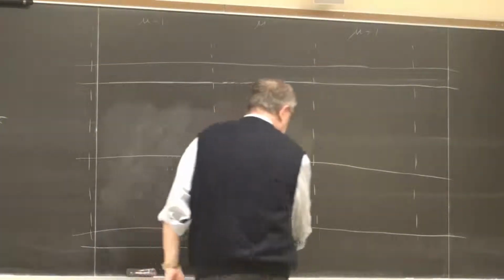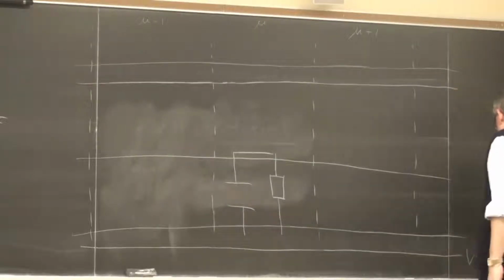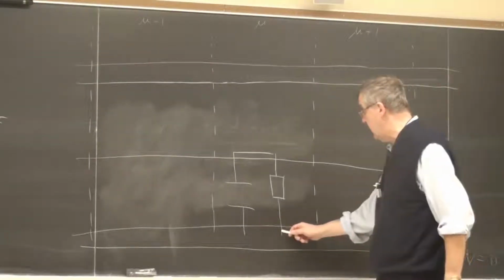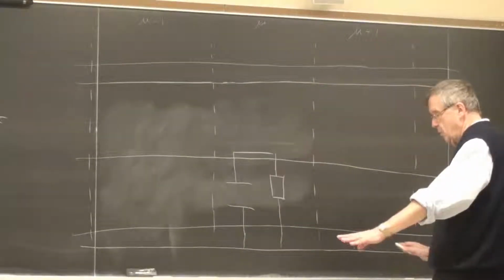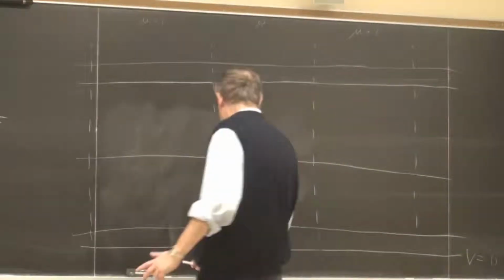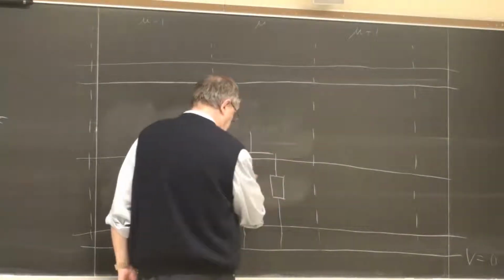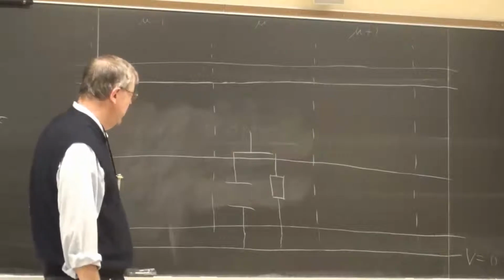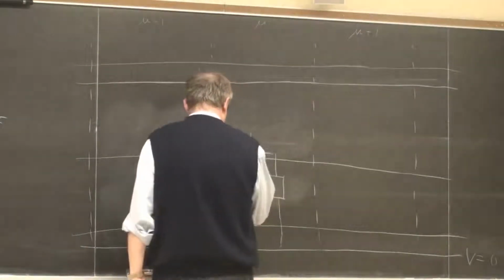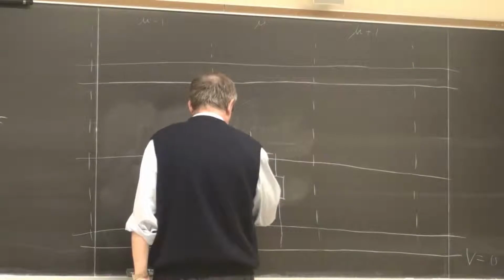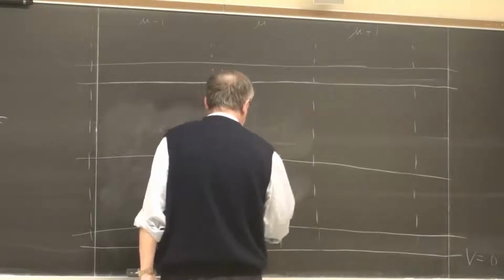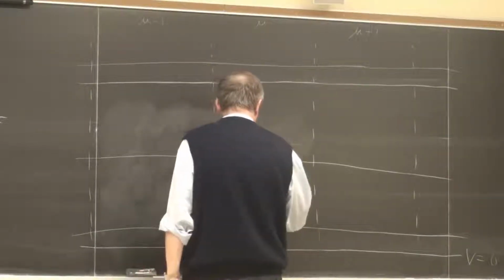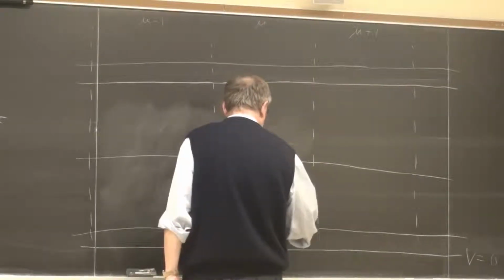Here, outside, I have a voltage V equals 0, so I assume I have some kind of copper wire that puts the voltage here to 0. So now we have the same element that we had before. And so here we have C dV/dt plus G times (V minus V0), so I have a battery in here.